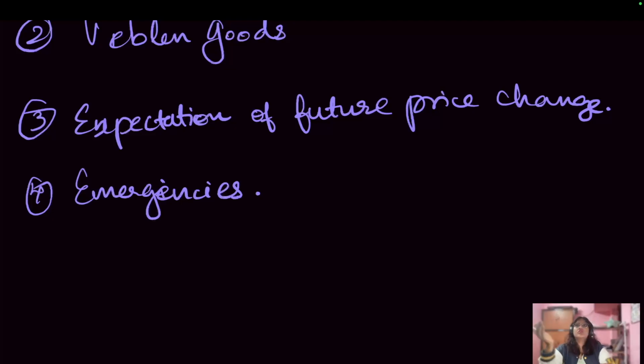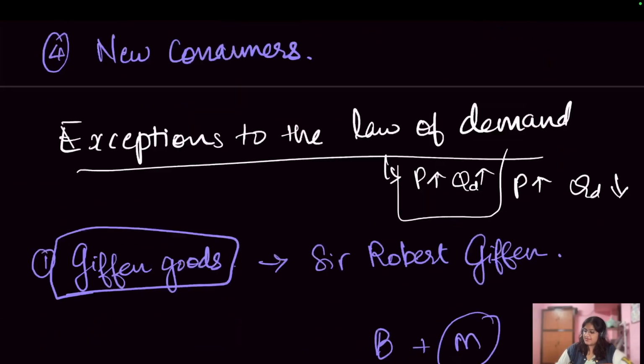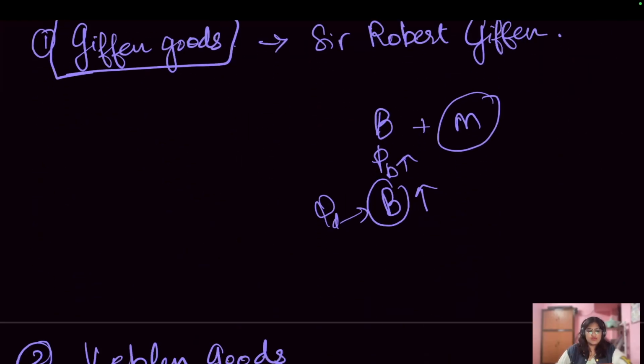Just like during Corona, the price of masks and sanitizers went up because the demand was more, and people were ready to spend more money to purchase those products because they became a necessity. So these are the four reasons for exceptions to the law of demand.